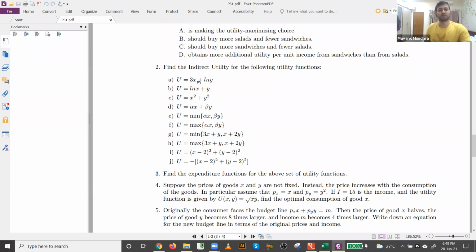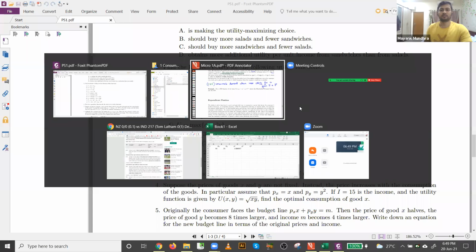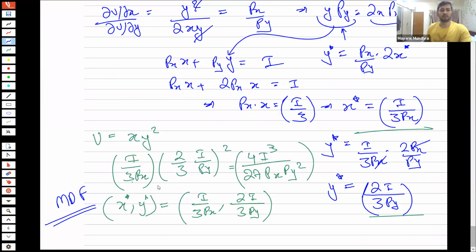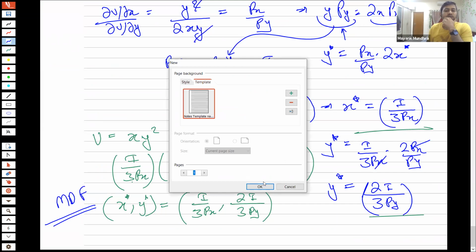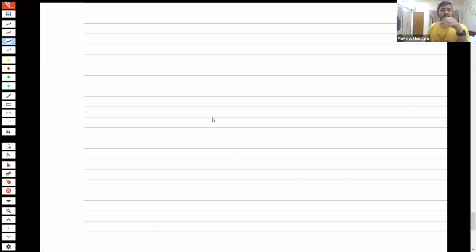So let me take the first one, that is 3x plus ln y. That's your homework. All these different subsections are your homework.